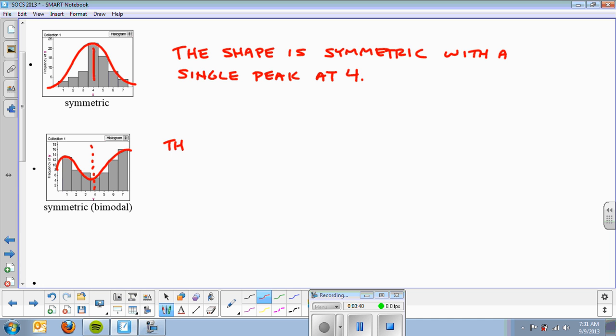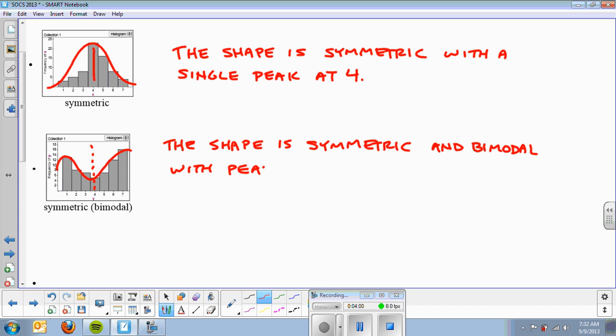You would say the shape is symmetric and bimodal with peaks at 1 and 7. So there, I've talked about the shape and where those peaks are.